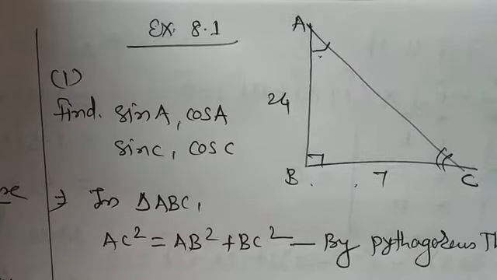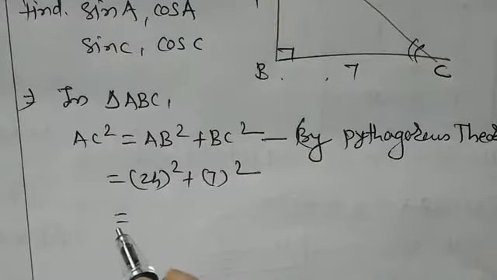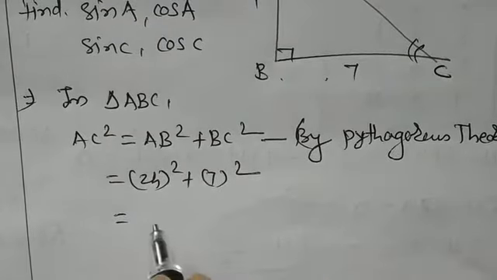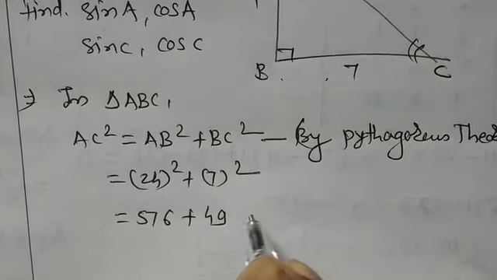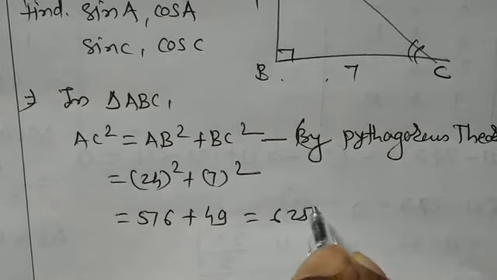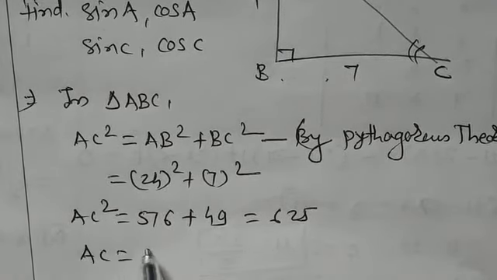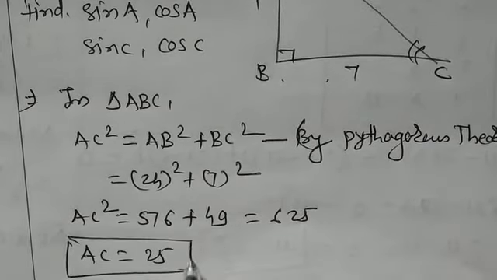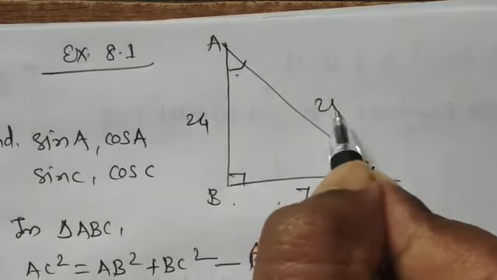AB square, that is 24 square, plus BC square, that is 7 square. That is 576 plus 49, which equals 625. Then AC square is equal to 625, so AC is equal to 25, because this is 25 square. Now AC is equal to 25.